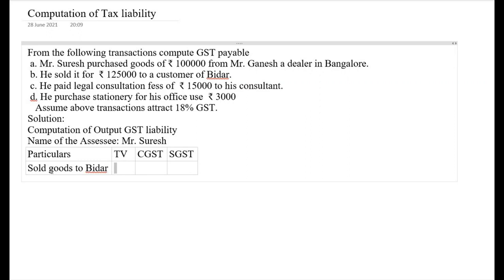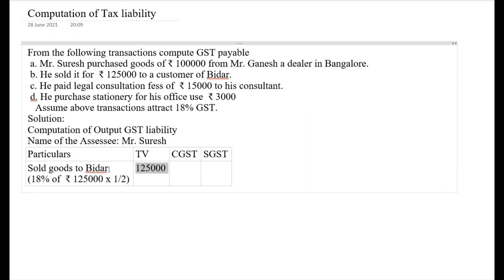So the transaction value is rupees 1,25,000. Here the tax is to be calculated. The rate of GST is assumed as 18%. So 18% of rupees 1,25,000 into 1/2. Why? Because the rate remains same here.